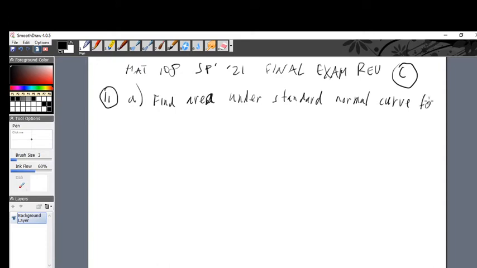There's the key words, to the right. We talked about this in the class video. To the right of z equals, that means Alex needs to provide you with a table, z equals 2.67 to the right.